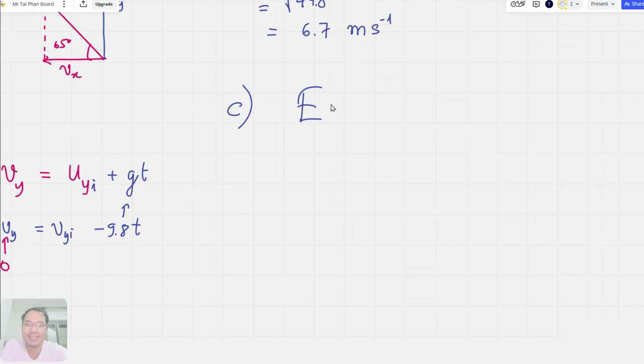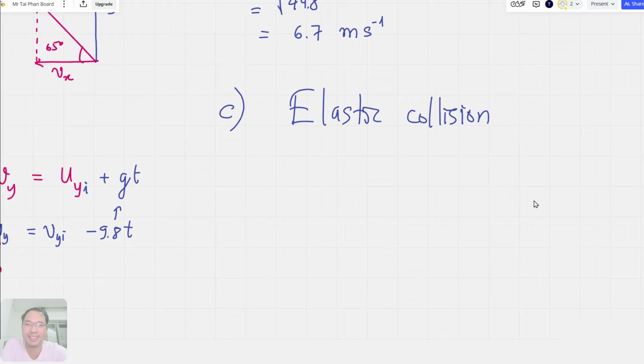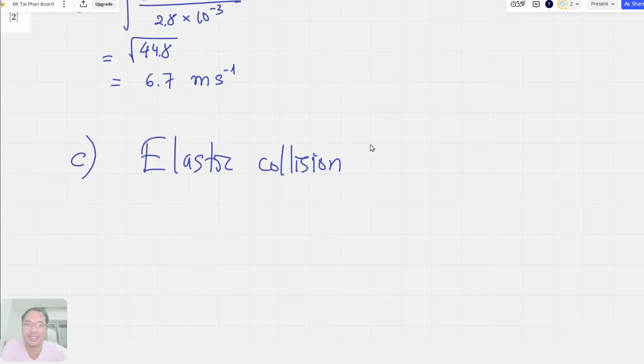There are two ways a collision is defined to be elastic. The first way is that the kinetic energy before the collision equals the kinetic energy after the collision.